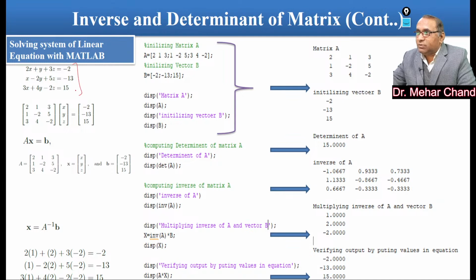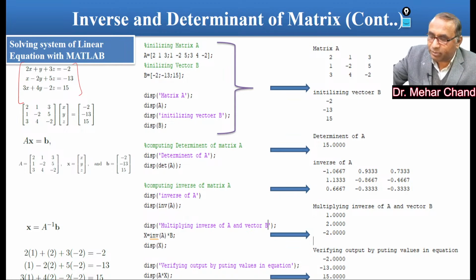Suppose we have this system of equations. In the lower classes, we studied the system of equations, and there are numerous methods to find the solution of this type of system. There are some numerical methods also, but here we are dealing with the classical method.